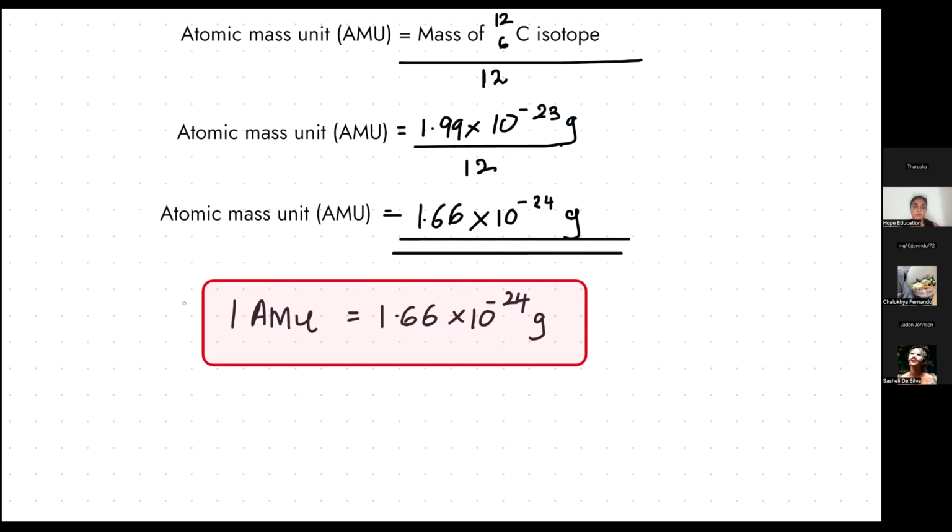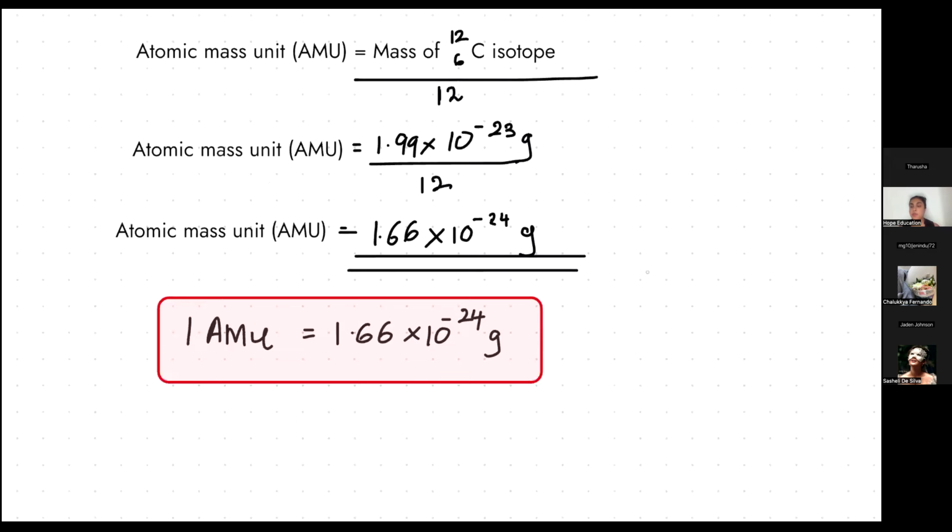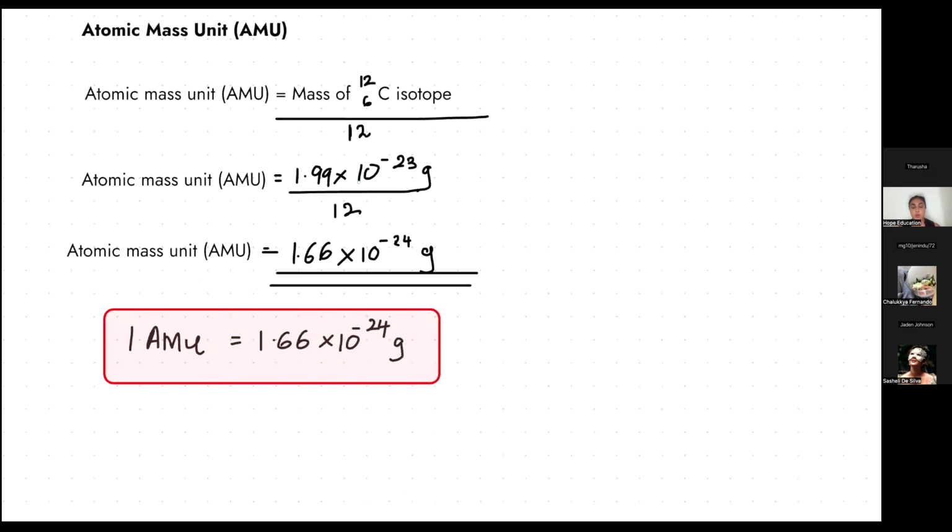So, 1.99 into 10 to the power minus 23. Keep the 10 to the power minus 23 aside. 1.99 I'm going to divide by 12. Then I get 0.1.